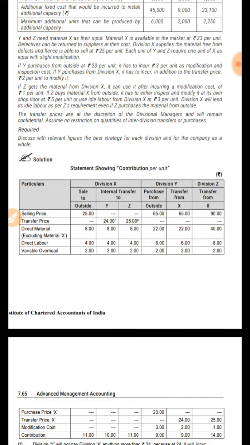Now the selling price. If division X is selling to the outside market, 25 rupees. If division Y is purchasing from the outside market, 65.